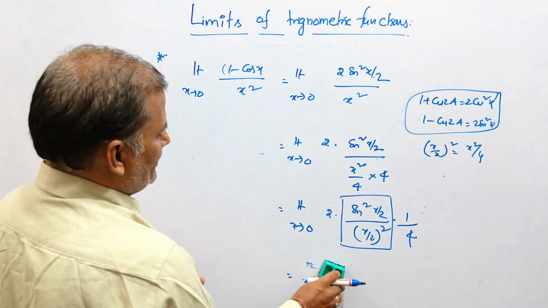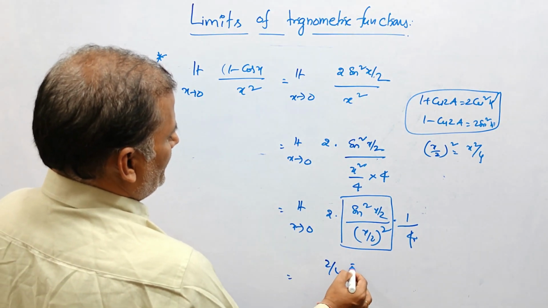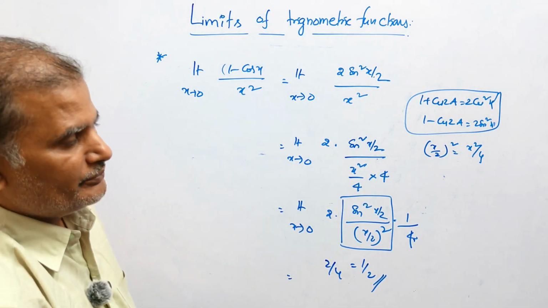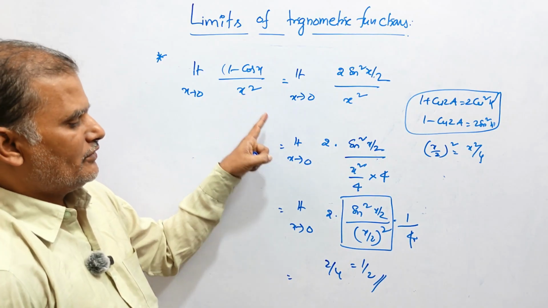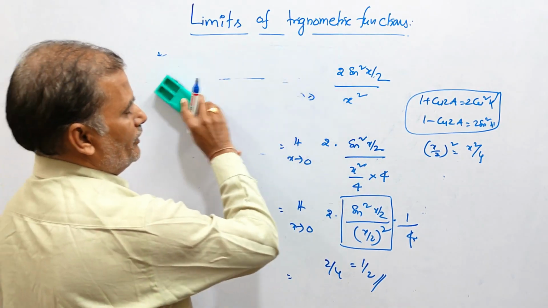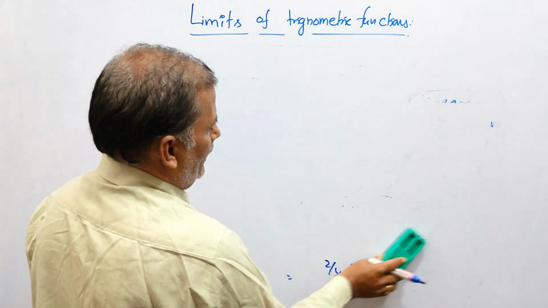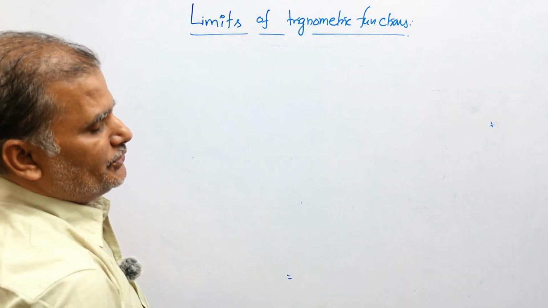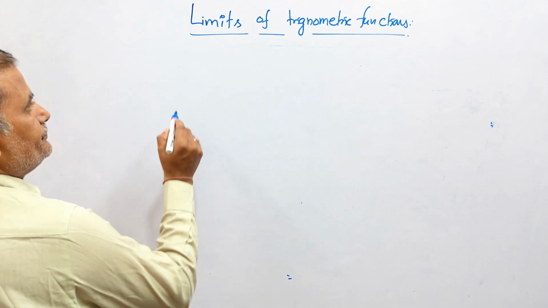No need to write the limit; we can directly write the answer 2 by 4, which is equal to 1 by 2. Therefore, in any problem, the limit as x tends to 0 of (1 minus cos x) by x square is always 1 by 2. Everyone please note this in your mind, because that is the standard result, obtained by using limit of sin x by x equal to 1.